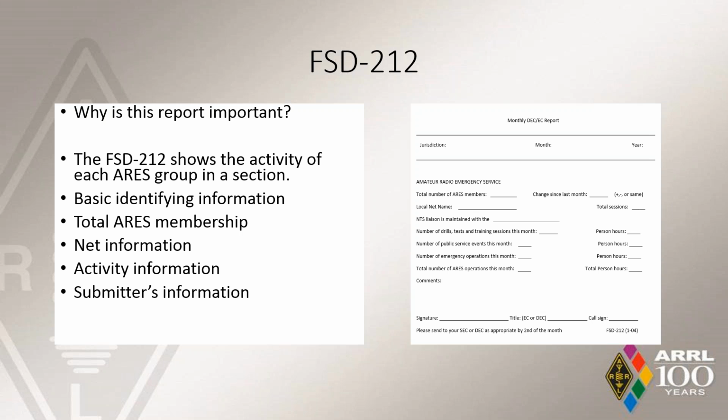And also, if you have more than one net, put that information down. I'm sure you do on a weekly or monthly basis have quite a few nets. You could put the information down in the comment section. You could expand it if you like, or send an additional document along with this, just so we get that information. And of course, the submitter's information, so if we ever have a question, we can get back to you.